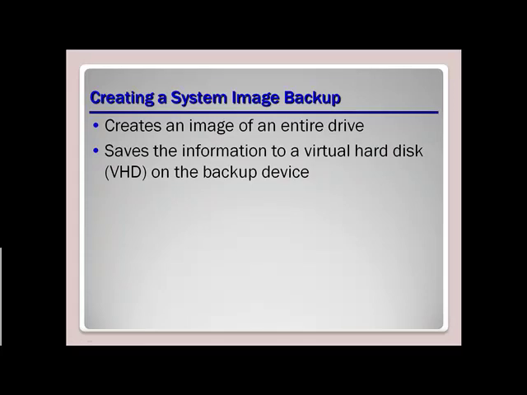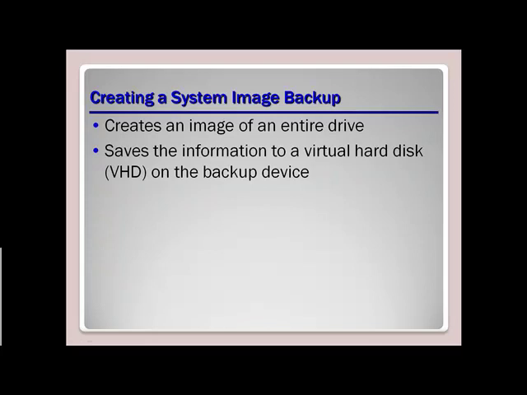So in order to back up the entire disk, you're going to have to perform a system image backup, which is a separate backup of the computer system disk and the reserved partition that Windows 7 creates on a disk during installation. Now, unlike the file and folder backup utility, which simply copies files to a compressed archive, this system image backup saves the entire block of selected targets to a virtual hard disk, or VHD, and we've talked about VHDs in a limited fashion in earlier chapters.